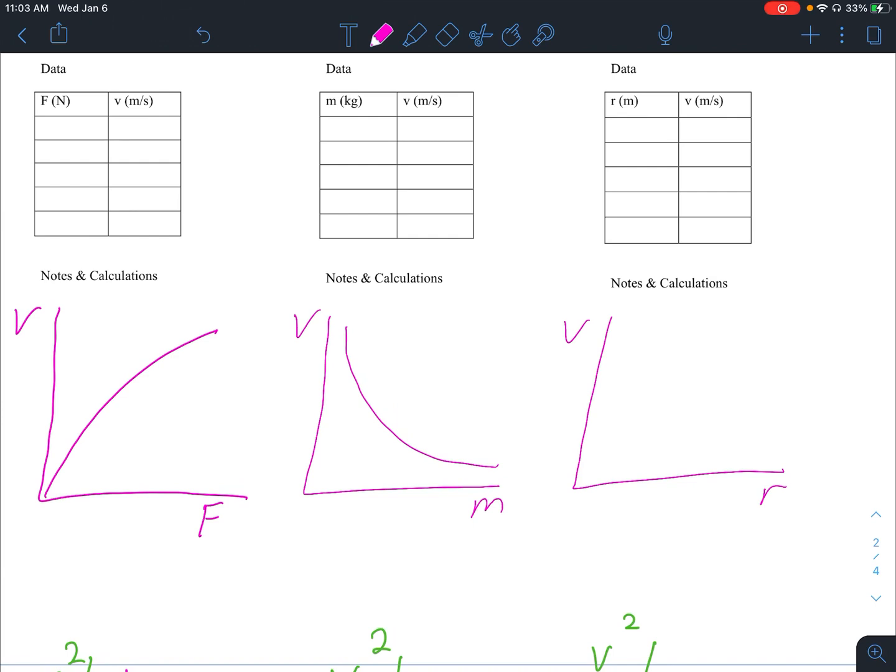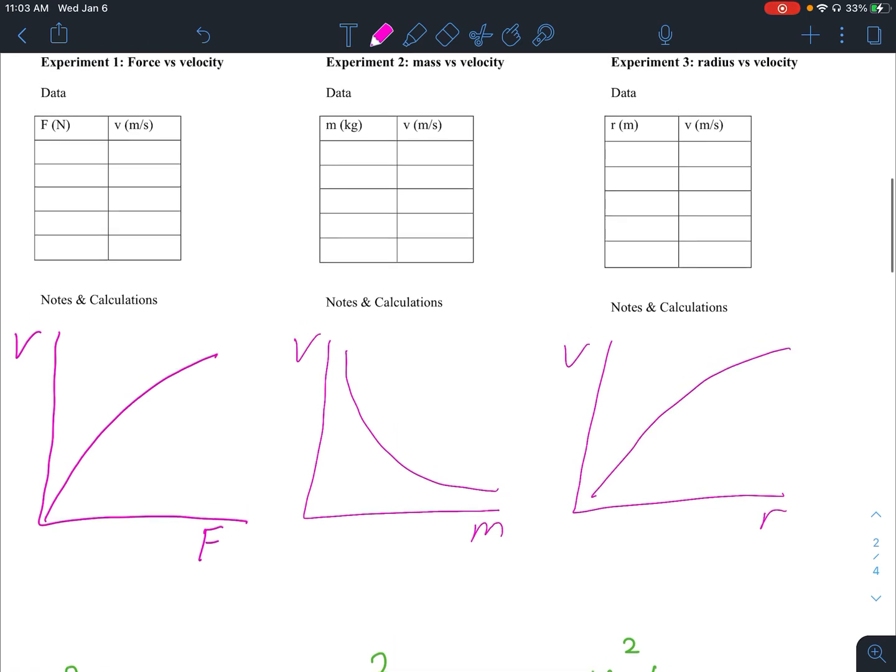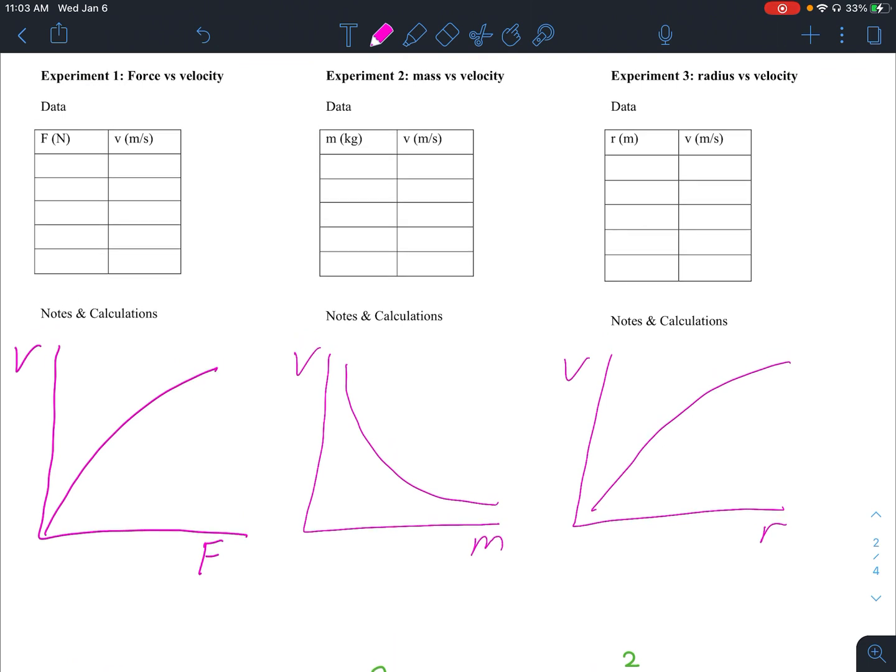Even though it might look like a line, if you zoom into it, you might be able to force yourself to see those curves. For the velocity versus radius, it's going to look just like the first graph that we did.